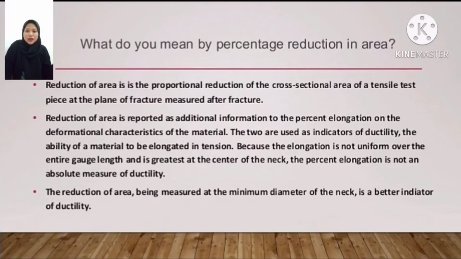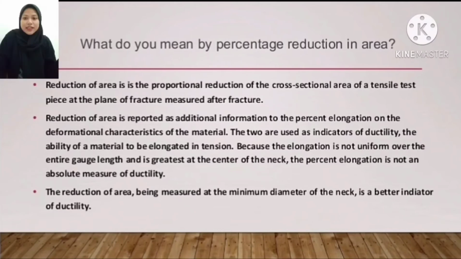The two are used as indicators of ductility, the ability of a material to be elongated in tension. Because the elongation is not uniform over the entire gauge length and is greatest at the center of the neck, the percent elongation is not an absolute measure of ductility. Reduction of area, being measured at the minimum diameter of the neck, is a better indicator of ductility.